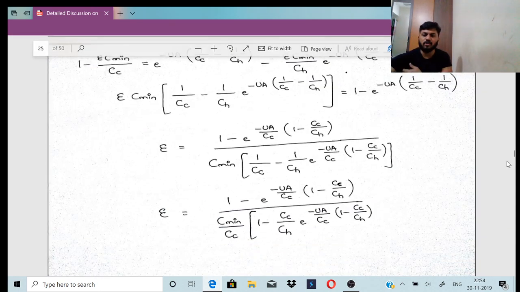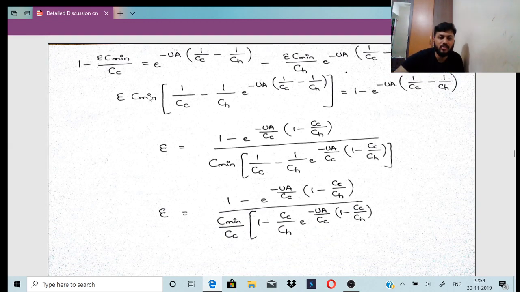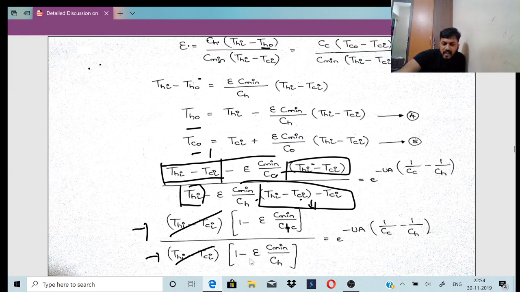Now the next form of the equation. So what is here? 1 minus epsilon C minimum by CH, right? This one is CH. So when I multiply this, it will be cross multiplied. So what will happen? 1 into 1. So e power minus UA will be a two-term, right? E power minus UA into e power minus UA, because 1 is there, 1 into e power minus UA.